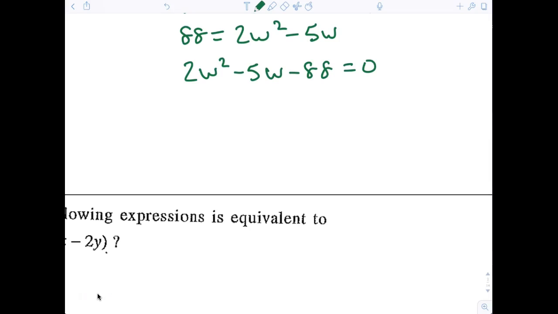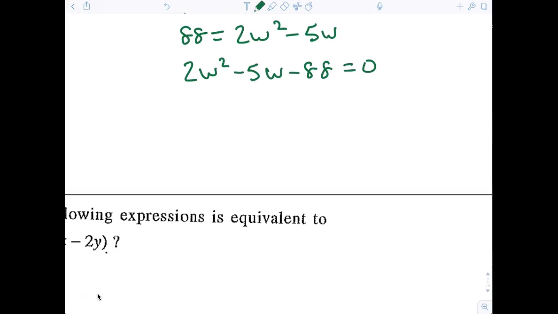First of all, we want 2W squared. What's 2W times 2W? Come on. So that's not right. How much is that? Positive 16.